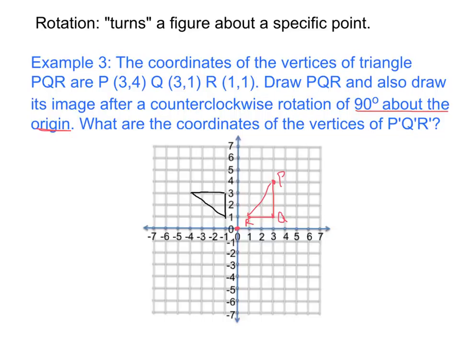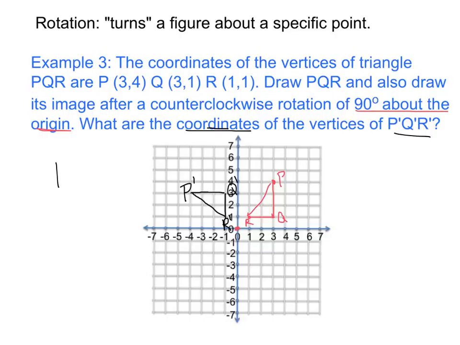So, if we label our points, our new point right here, this is R prime, this is Q prime, and this is P prime. We are asked to give the coordinates of the new primes.